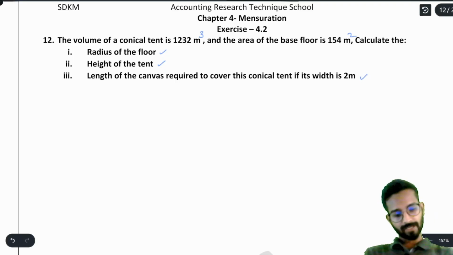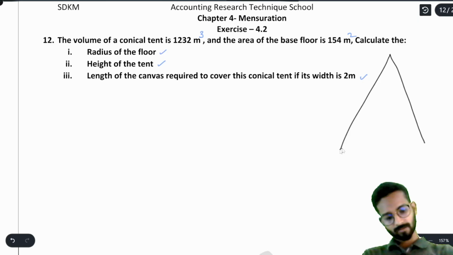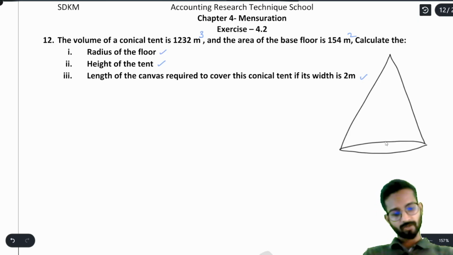See, it is something like this, I will draw the picture, a conical tent. Area of the base floor is 154, and volume of the tent is 1232.